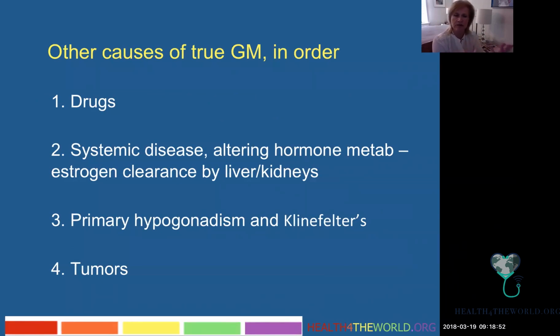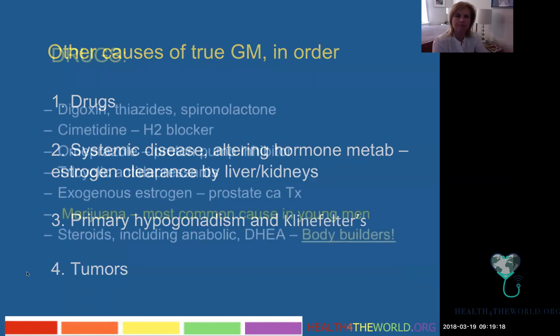So there's increased estrogen circulating, usually because the estrogen clearance is being decreased by liver disease or renal disease. Third on this list is much more rare primary hypogonadism and Klinefelter syndrome. We'll talk a little bit more about that later. And then last, the least frequent, is various kinds of tumors that can cause hormonal changes.